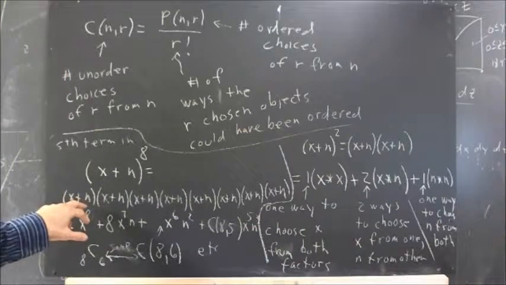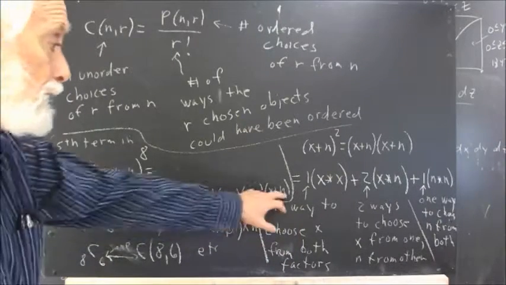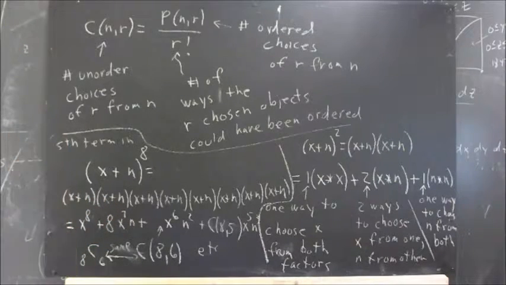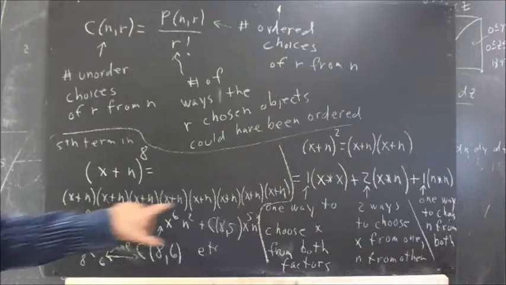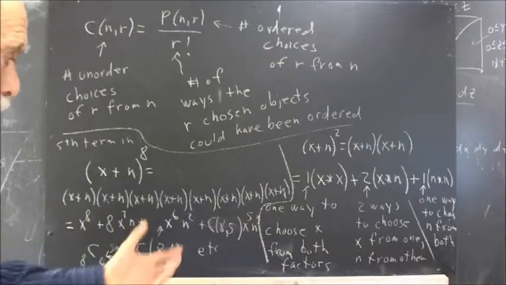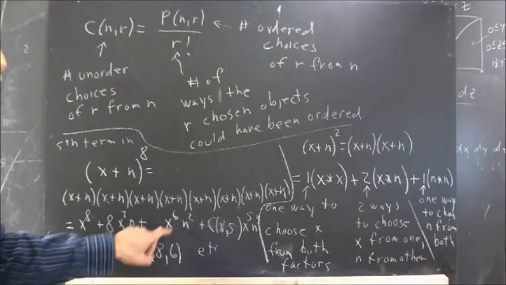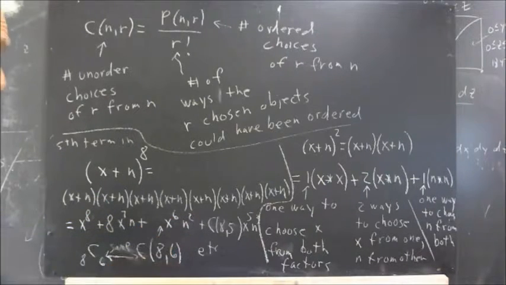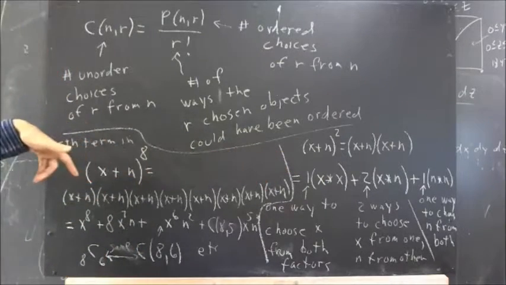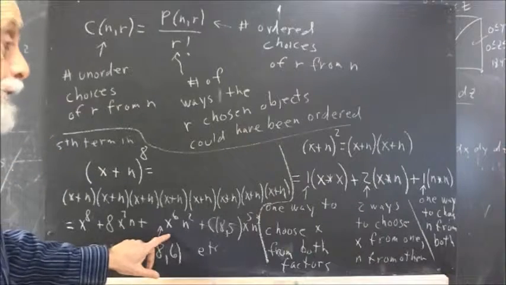We could choose x from the last 6 and n from the first 2. Or we could choose n from the second and the 5th and x from all the others. There are many ways to choose 6 x's and 2 n's. In fact, we're choosing 6 of the 8 binomials from which to choose x.